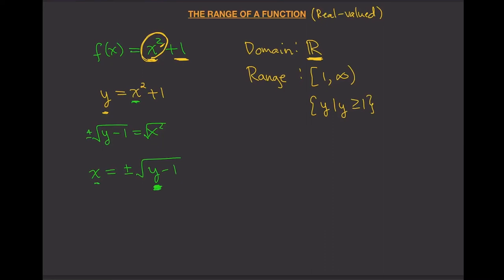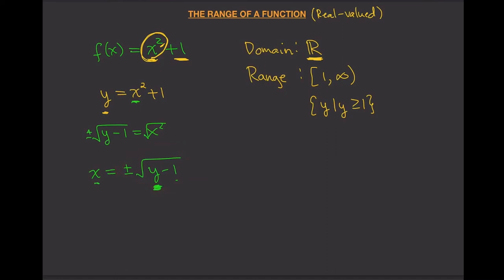Remember that the thing inside the radical sign should be greater than or equal to 0. You can't have a number right here that is less than 0. That will make it a complex number, right? That will give us an invalid output.